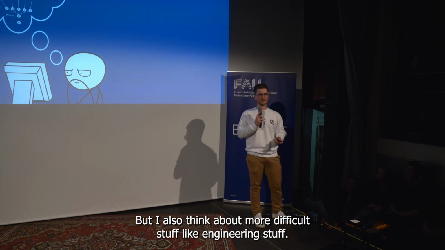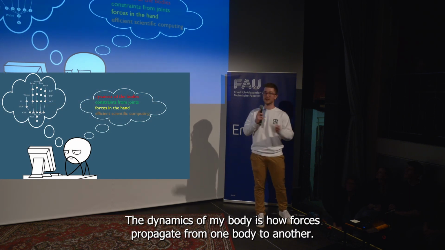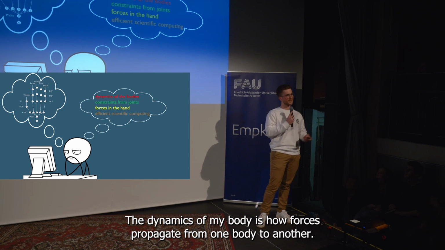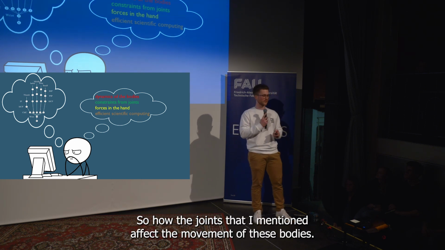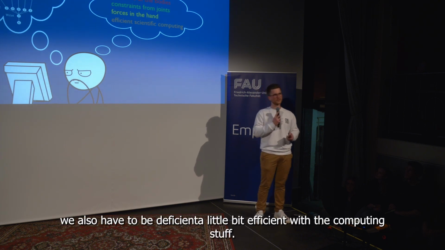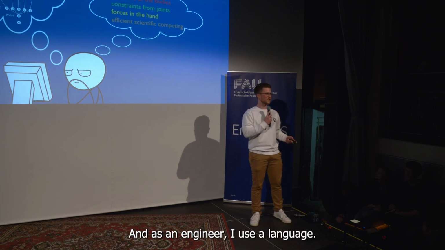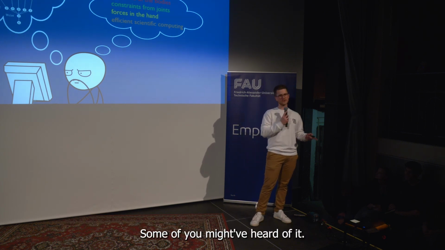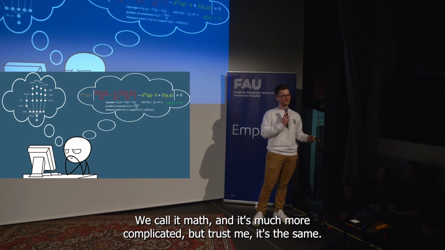But I also think about more difficult stuff like engineering stuff, the dynamics of my bodies, how forces propagate from one body to another, or also how the joints that I mentioned affect the movement of these bodies. And since we want to simulate something in the end, we also have to be a little bit efficient with the computing. And as an engineer, I use a language, some of you might have heard of it, we call it math, and it's much more complicated, but trust me, it's the same.